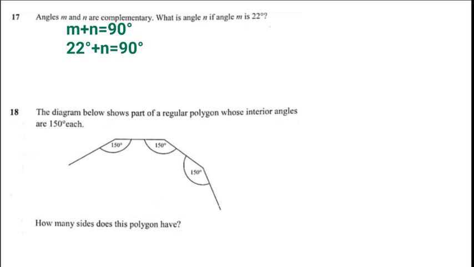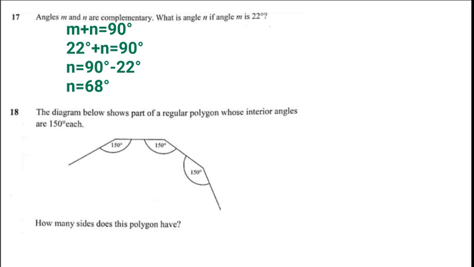That means we're going to remain with N is equal to 90 degrees, then 22 will cross the equal sign and become minus. Then it will be minus 22 degrees, which will give us N is equal to the difference of 90 and 22, that is 68. So the value of N is 68 degrees.